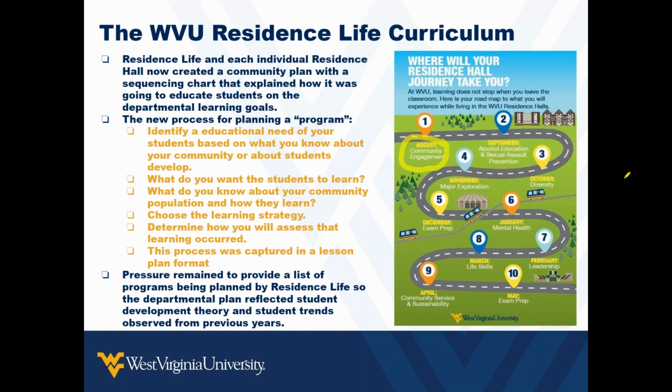So in the absence of data, we focused on theory to decide what we focused on each month out of the year, and that was the departmental plan. In the future, we want to use the assessment we're conducting throughout this year to decide how we lay out our own plan, and then what are the items that each community can focus on based upon past trends in their community.